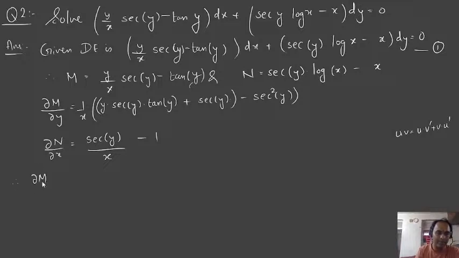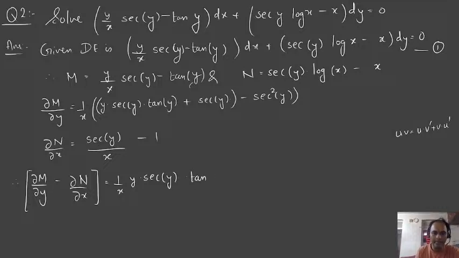So dou M by dou y minus dou N by dou x. Let us see what quantity we get. This is equal to 1 over x into y sec y into tan y.